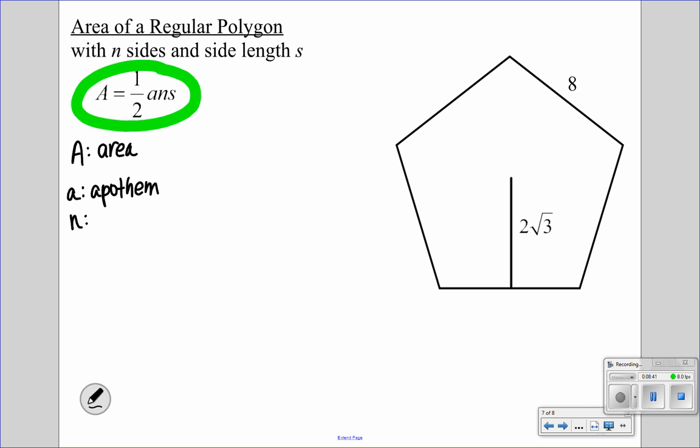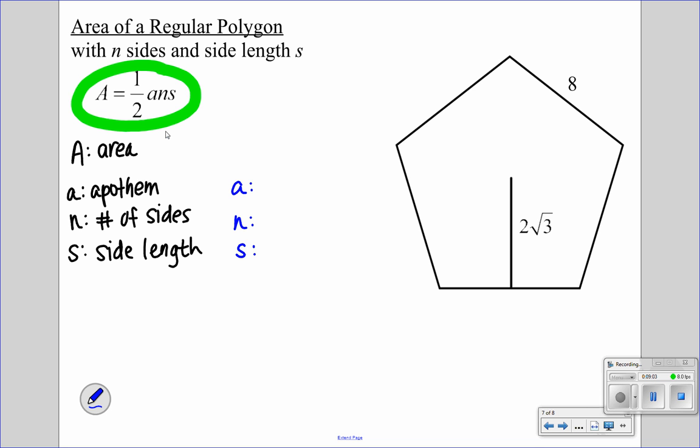The N stands for number of sides. The S stands for side length. So we need to find these three pieces to find the area of a regular polygon. So whenever I do one of these problems, I write down A, N, S.